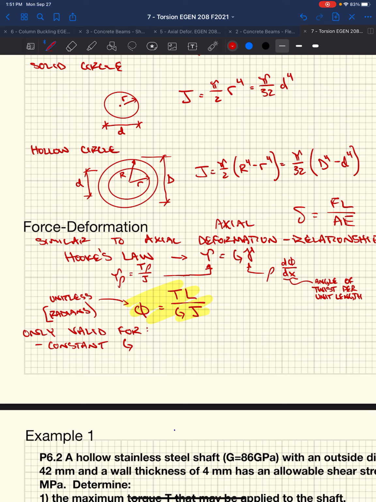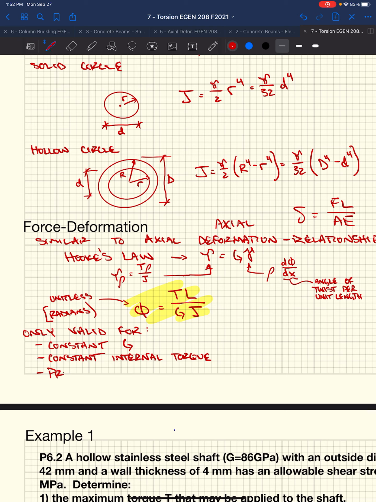We also need constant internal torque. We can't have a varying torque load as we go down the shaft. We've got to have discrete torques applied on our shaft so that from one place to another, the torque on the inside of the shaft is constant.